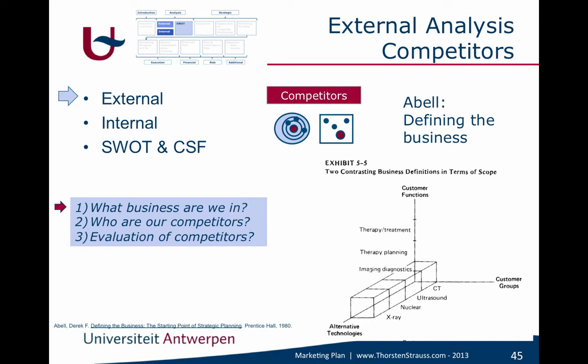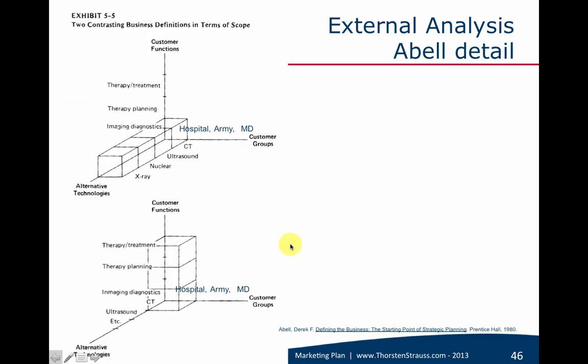Maybe your competitors are not Coca-Cola and PepsiCo, but maybe it's milk, because you're selling on a lifestyle or health type of value proposition, and then you have a totally different competitive set. And if you have defined your business, then you can look at what competitors you touch on and what the evaluation of the competitors is. Let's look into defining your business.